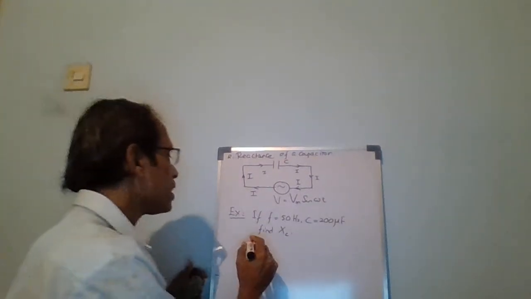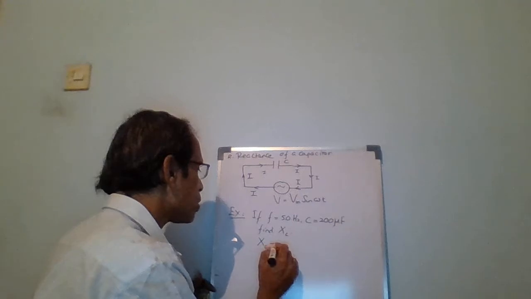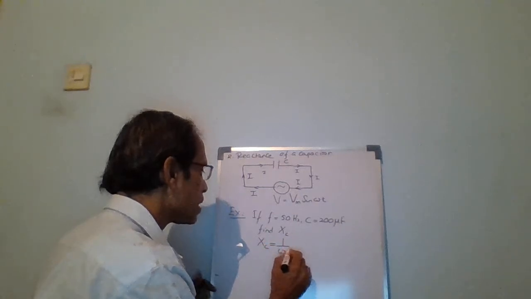What is the reactance? Xc is equal to 1 over omega c.